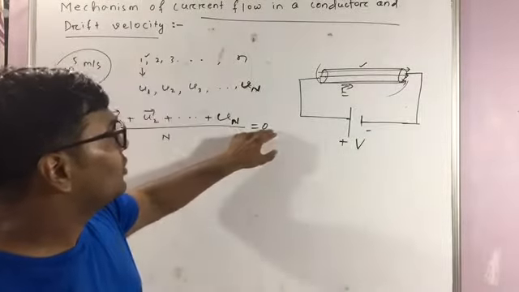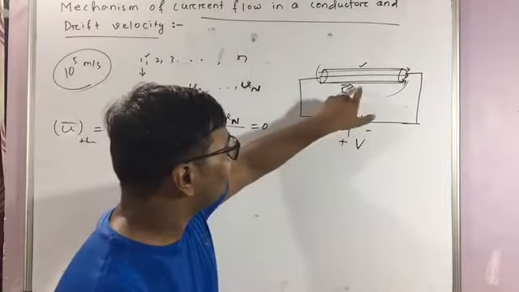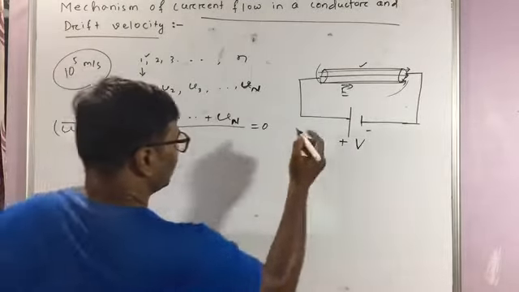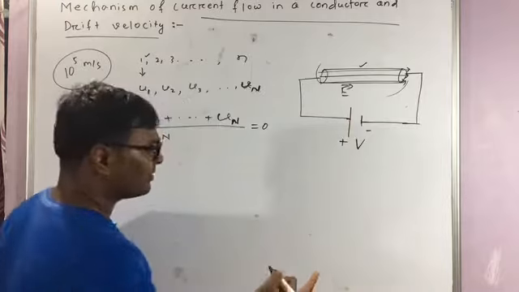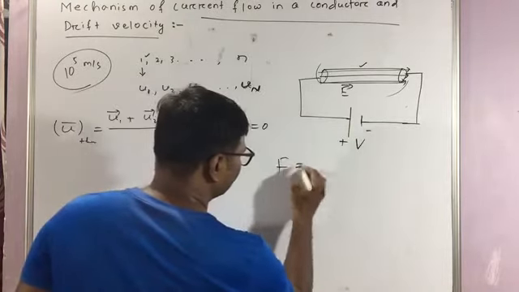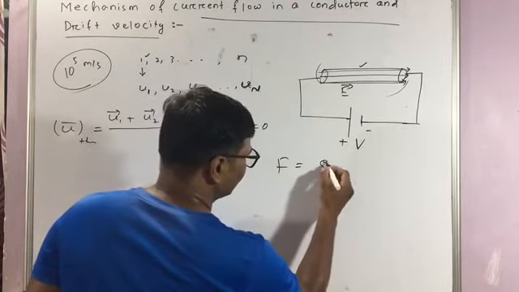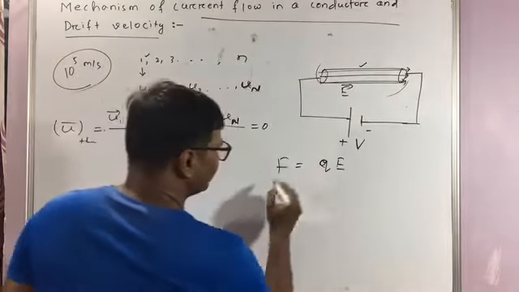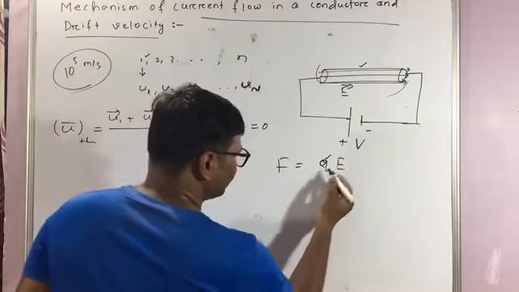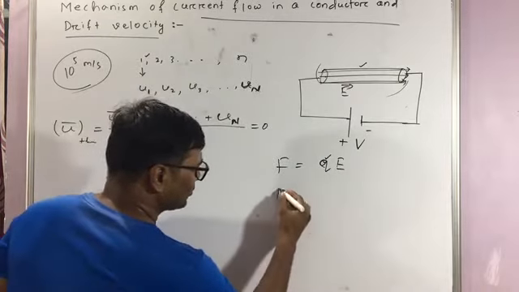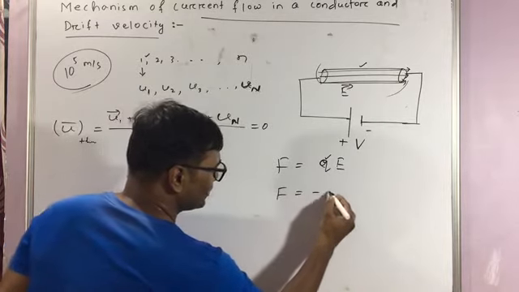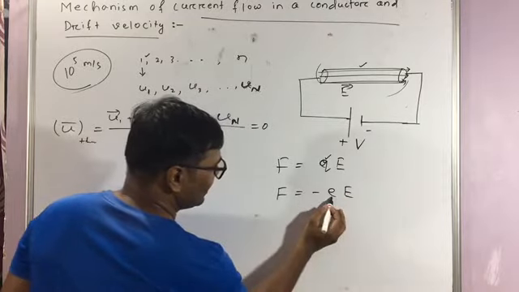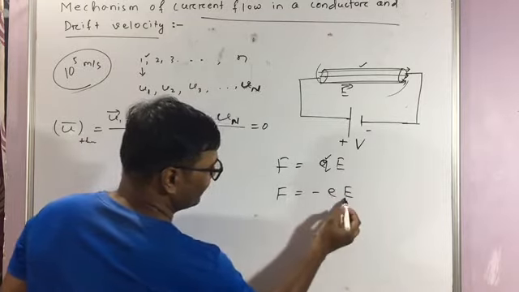Clear? So when an electric field is set, what is the electric field doing? We know electrons have charge, and an electric field exerts a force on a charge, and the formula is F equals qE. Since the electron's charge is negative, we can say F equals minus eE, because the charge on an electron is minus e, multiplied with the electric field.